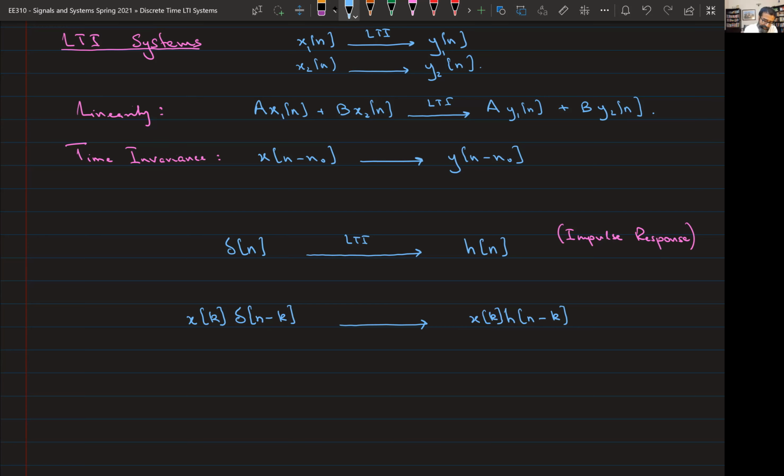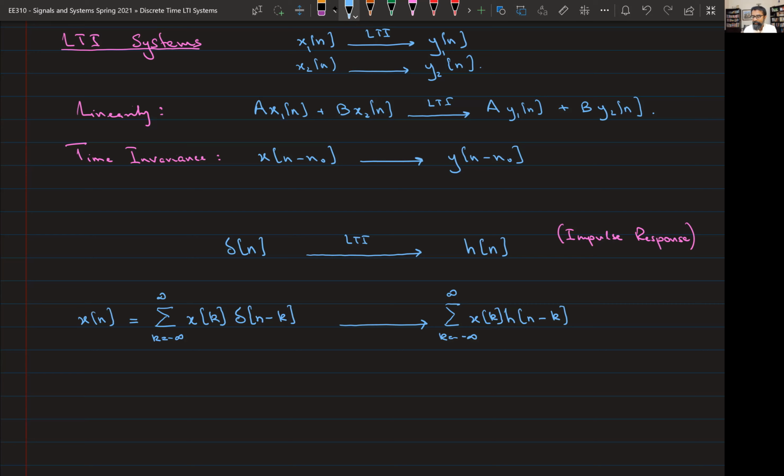Now, if I sum the input over all k, the output must also be summed in a similar fashion. Why? Once again, because of linearity. But what do I have on the left-hand side? This is nothing but x of n, as we've determined in the sifting property up above.